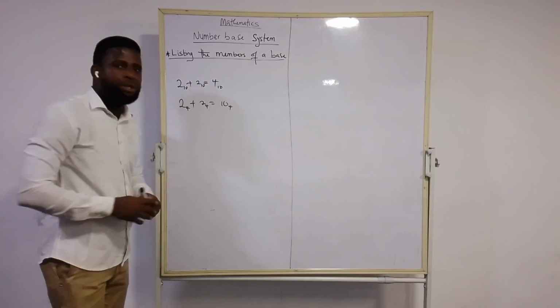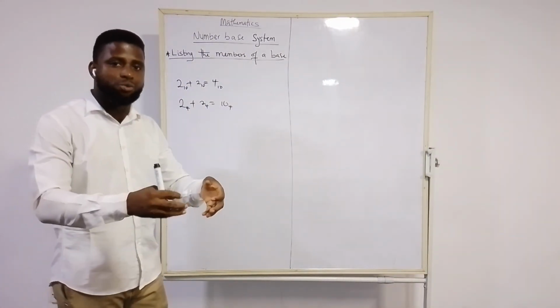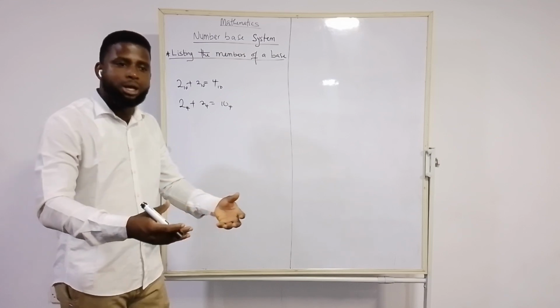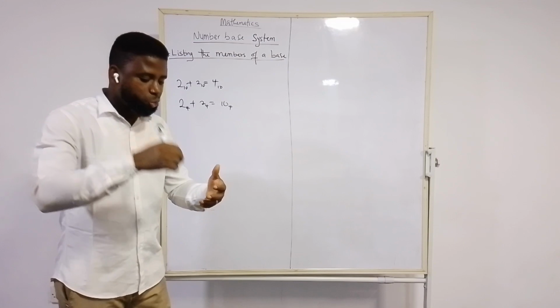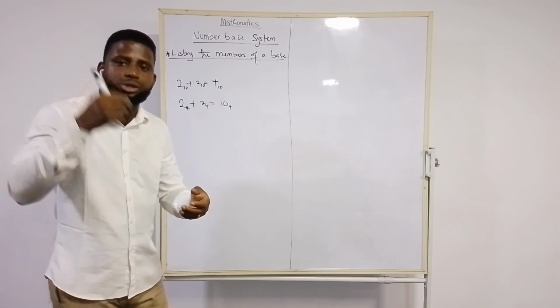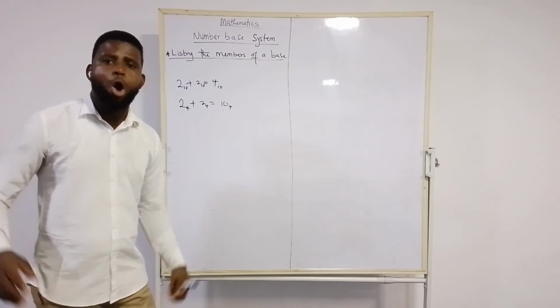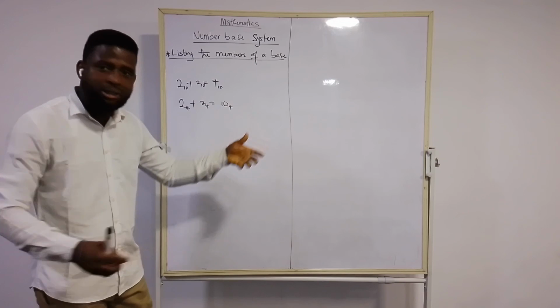Having said this, this goes to say that every mathematics that we know that is being done from preparatory to nursery to primary to junior secondary school, senior secondary school, even up to university, all these mathematics are carried out in number base 10.